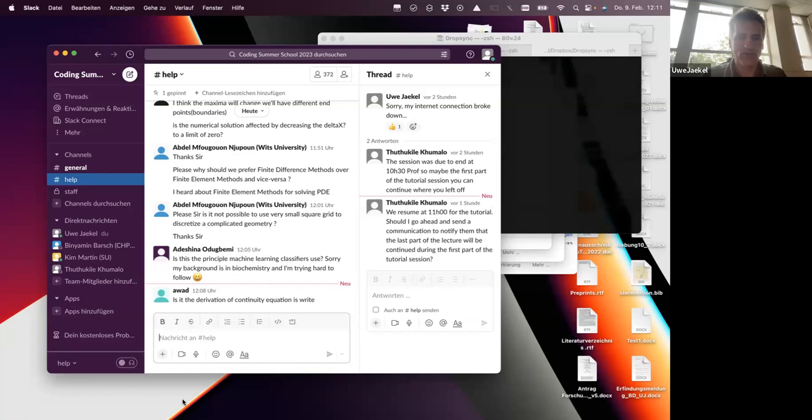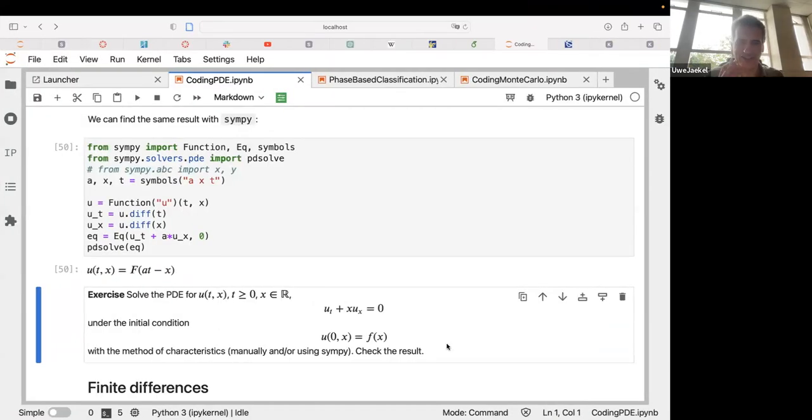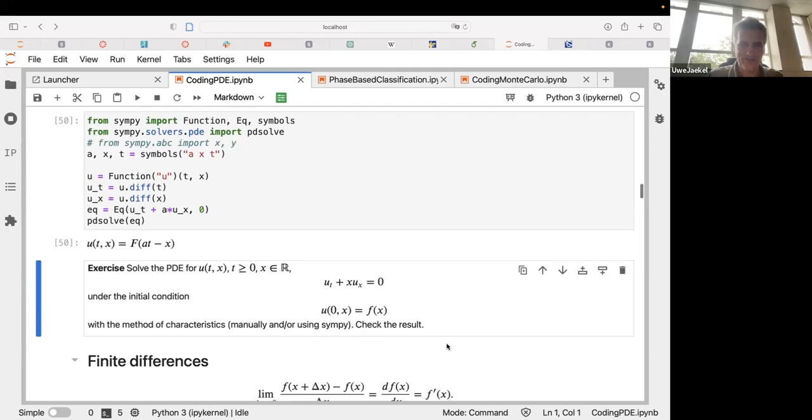And this can actually be solved by the method of characteristics as well. So if there is no other question, then I decide that we solve this first exercise. We try to solve this equation with the method of characteristics, manually or using SymPy.